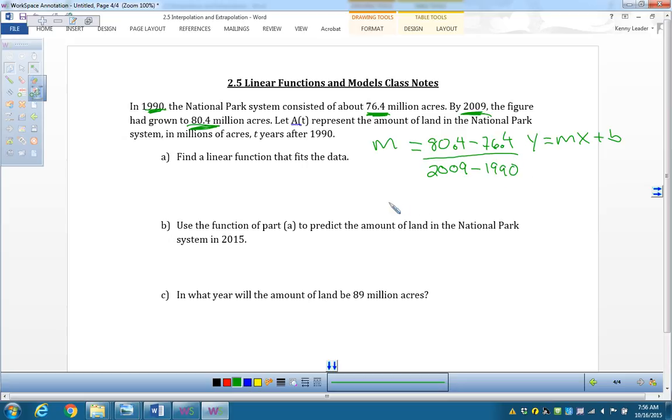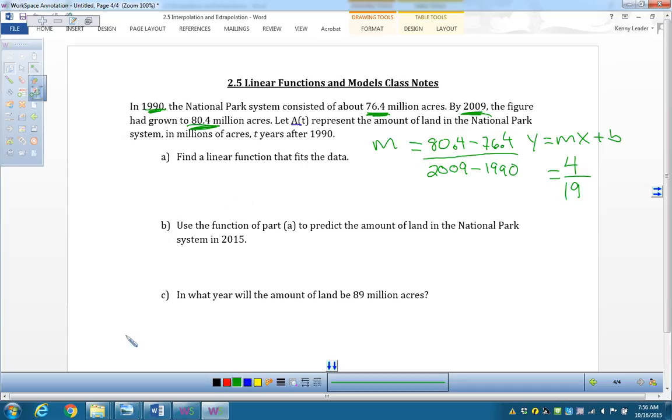What's 80.4 minus 76.4? 4. What's 2009 minus 1990? 19. So in terms of interpreting what the slope means, every 19 years you get 4 million more acres. And this is a slope, right?